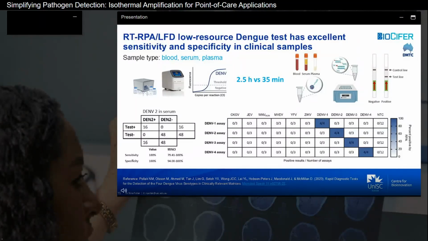Crucially, each serotype test was highly specific, detecting only its corresponding serotype without cross-reactivity with the other 3 dengue serotypes. This high specificity, combined with the rapid turnaround time, makes this test a highly effective tool for low resource settings, supporting more timely and efficient disease management with clinical sample matrices.